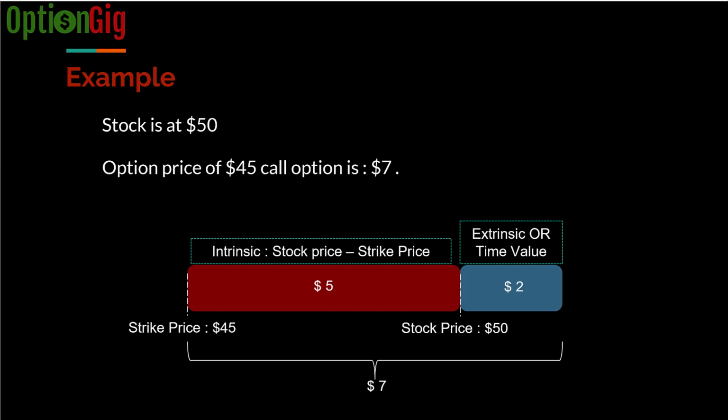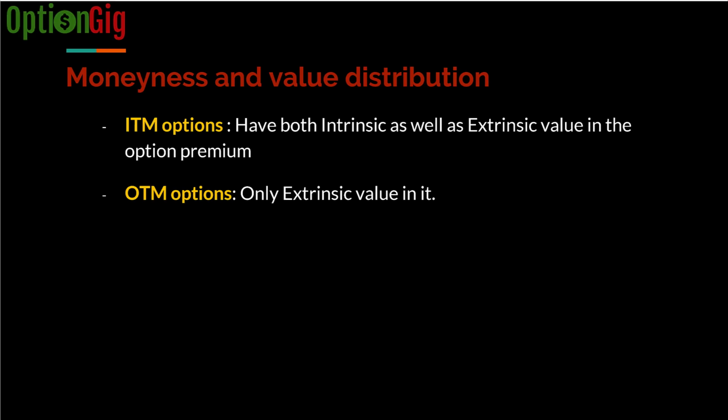I hope this example makes it clear in terms of the breakup of the components and what is intrinsic and what is extrinsic. Let's also talk about the moneyness and how these intrinsic and extrinsic components are distributed.